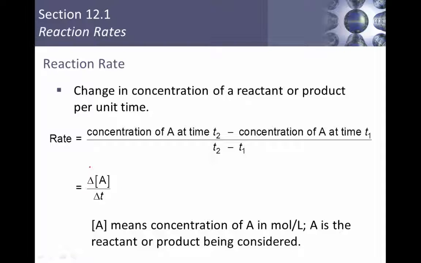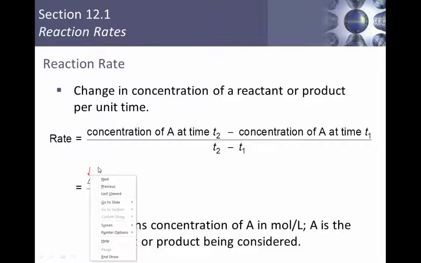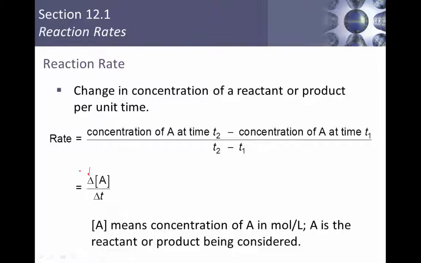That little triangle means changing, and then these brackets represent the idea of concentration. The units for concentration are molarity, which is the same as moles per liter. So that's big M for molarity.